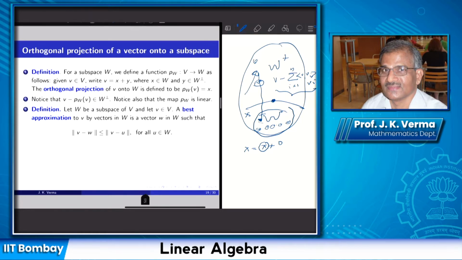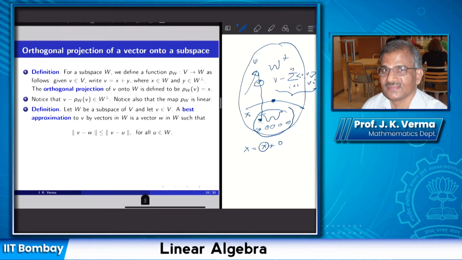It's a geometric idea of projecting a vector along other given vectors. But let us see that it leads to very interesting things about constructing an approximation of a function in terms of given functions. Okay, so how do we do that? Let us define what is called the best approximation.